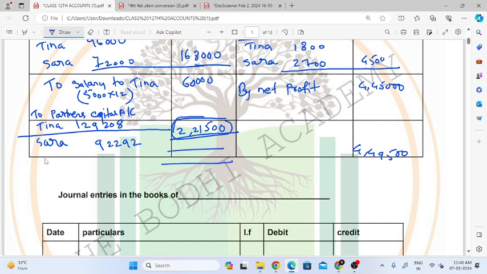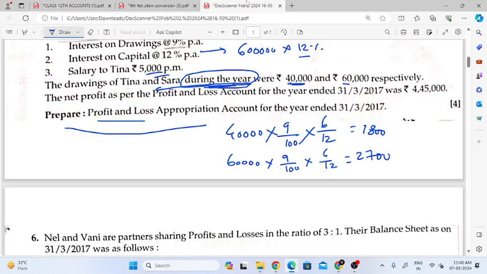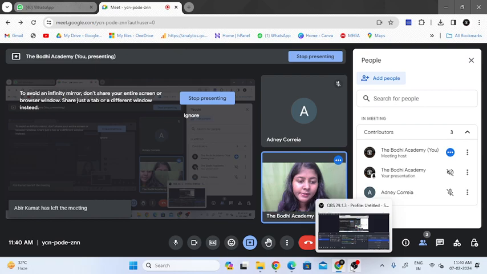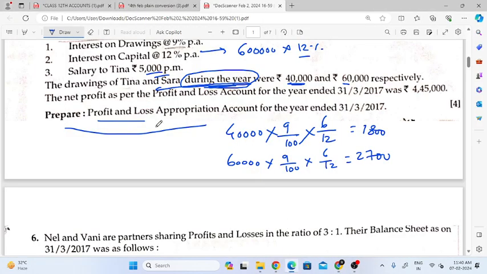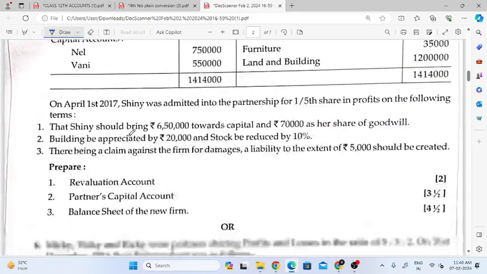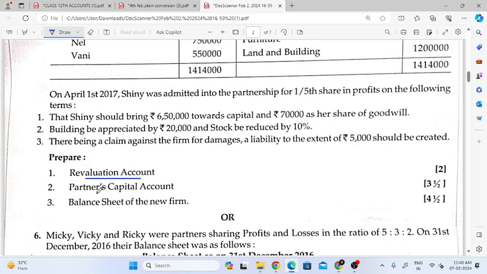And the total of both sides comes to 4,49,500. So this is how you have to solve the profit and loss appropriation account. Next they have told us to prepare the revaluation account, partners' capital account, and balance sheet of the new firm.